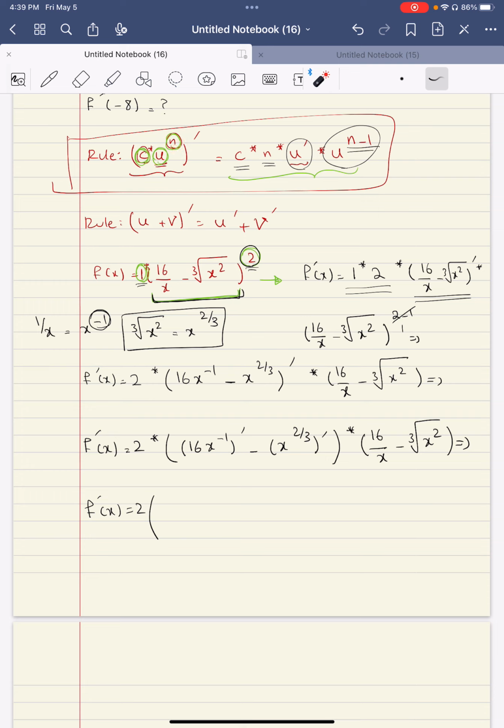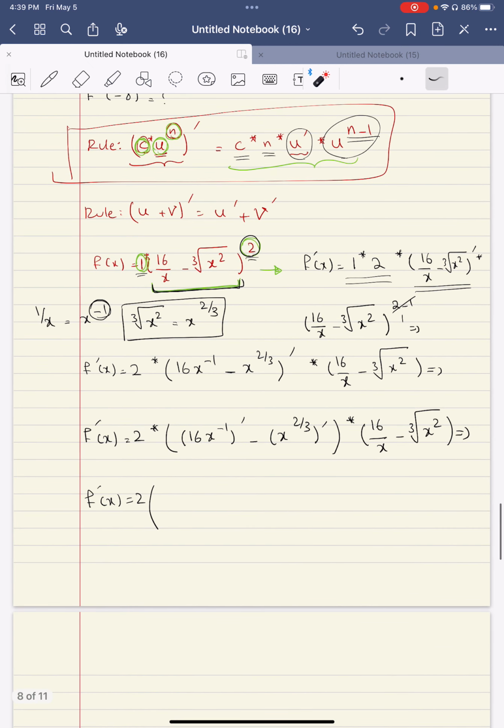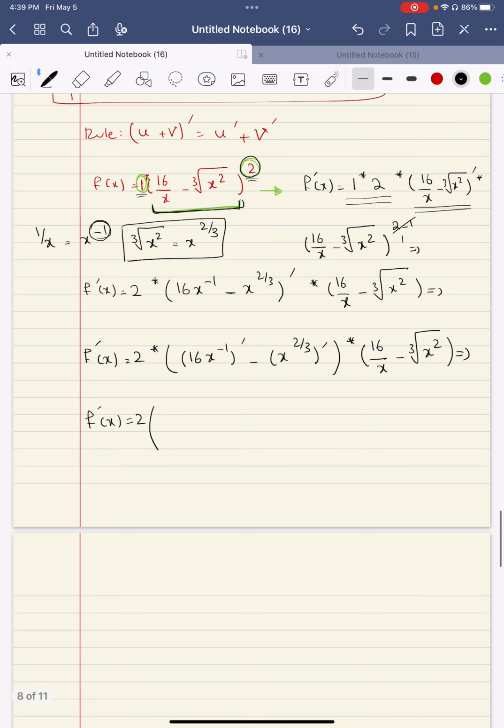So I'm gonna apply this rule like this. For the second part, 1 is the c, u is the x, and 2 over 3 is the n. And I'm gonna apply the same rule for the second part as well. So based on this formula, it will be c times n times u prime times u to the power of n minus 1.